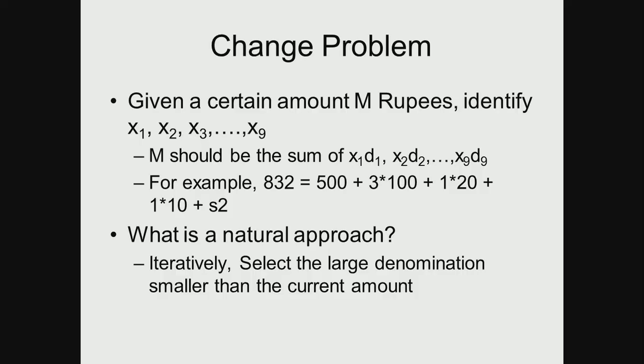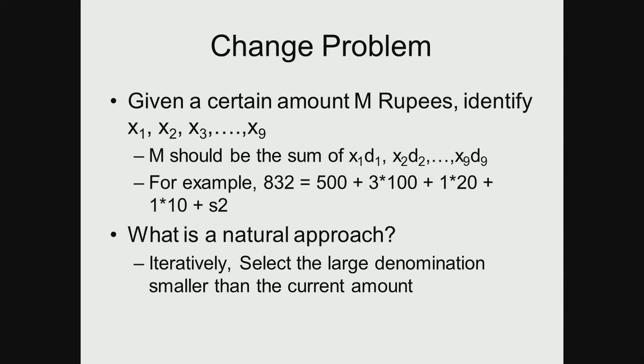Naturally, we wish to carry as few notes and coins as possible, and the generic question is, given m rupees, identify 9 variables. These are positive integer valued variables, such that the m rupees can be written as the sum of x1 times the first denomination D1, x2 times the second denomination D2, and so on up to x9 times the 9th denomination D9.